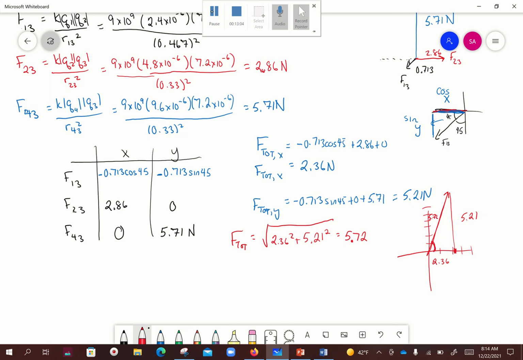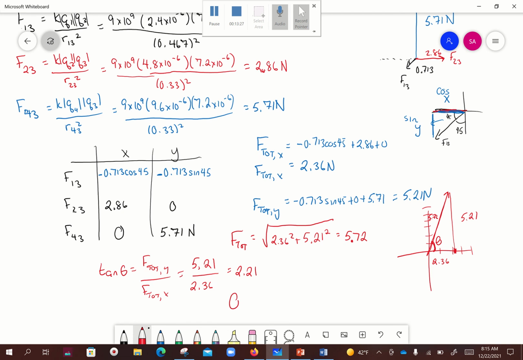To find the angle, I use tan, so tan of theta is y over x. So that's 5.21 divided by 2.36, and I get a number of 2.21 for my tangent.